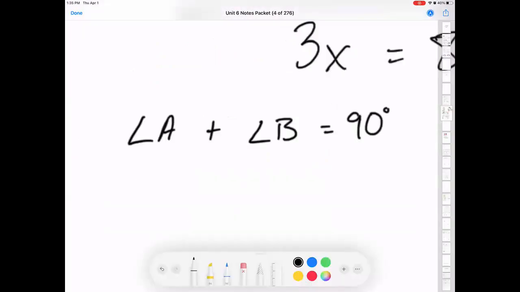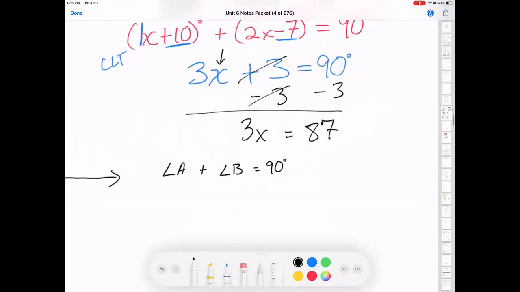Earlier we said that angle A was x plus 10 and angle B was 2x minus 7, and these should total 90 degrees. Our x value from earlier was 29, so we plug that value in. For angle A, we have 29 plus 10, giving us 39 degrees.